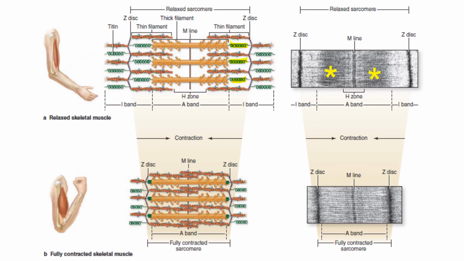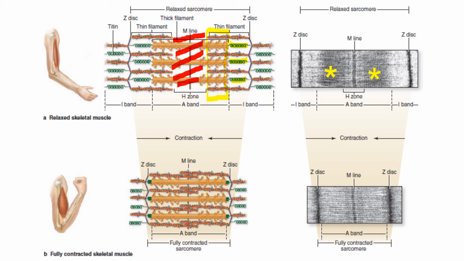During relaxation, the titin filament maintains areas of overlap between the thin and thick filaments. This area is equivalent to the areas labeled by the yellow asterisk on the right-hand figure. Also, during relaxation, the H zone is prominent.